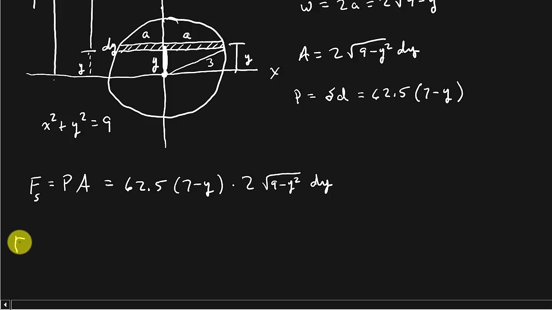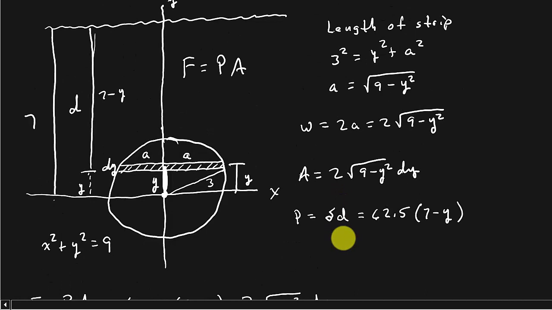The force is equal to the integral, and I'm going to go ahead and do the 62.5 times 2, which is equal to 125. I'm going to bring that out, so that's 7 minus y times the square root of 9 minus y squared, times dy. And what am I integrating?